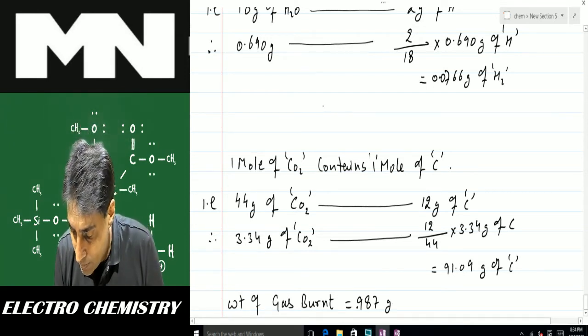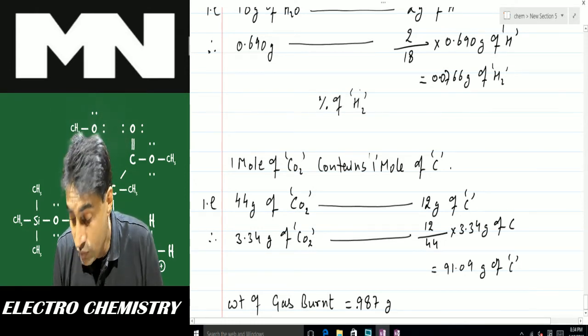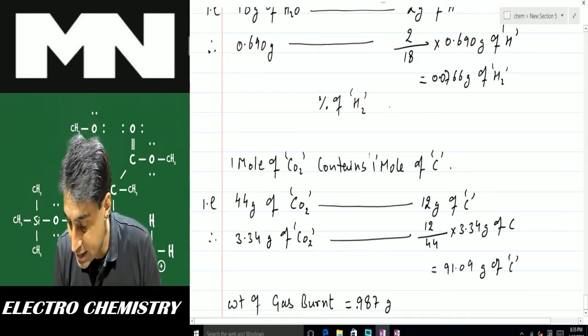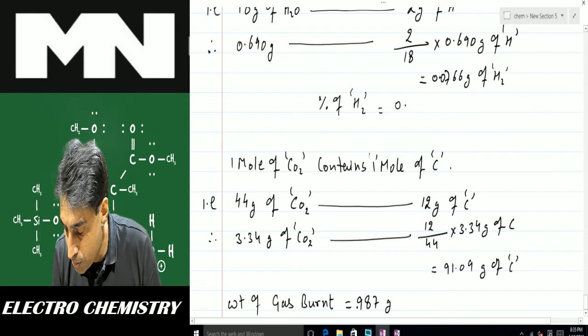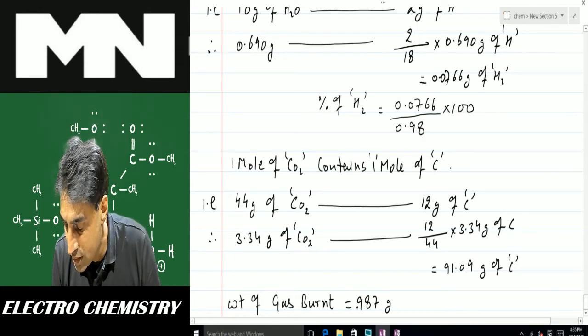I can say percent of hydrogen. Well, percent is always the weight upon total mass into 100. That is 0.0766 divided by 0.98 into 100.